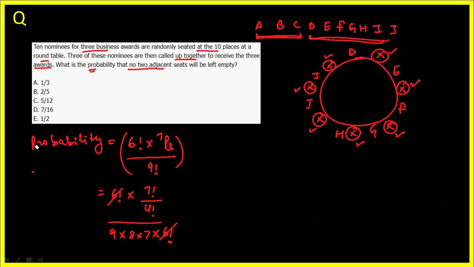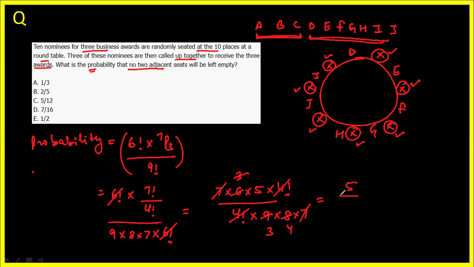That is 7 factorial, which can be written as 7 times 6 times 5 times 4 factorial, divided by 4 factorial times 9 times 8 times 7. Simplifying, 7 gets cancelled out. Then, 2 3s are 6, 2 4s are 8, 3 3s are 9. That means it comes out to be 5 upon 12. That's the required probability. Option C is the correct answer here.